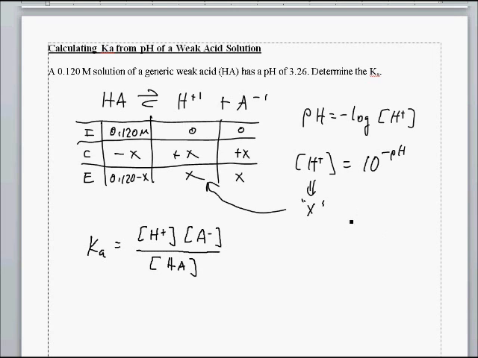So let's see, I need to take 10 to the minus 3.26. So my hydrogen ion concentration, which is my X, is just 10 to the minus 3.26, which is about 5.5 times 10 to the minus fourth.